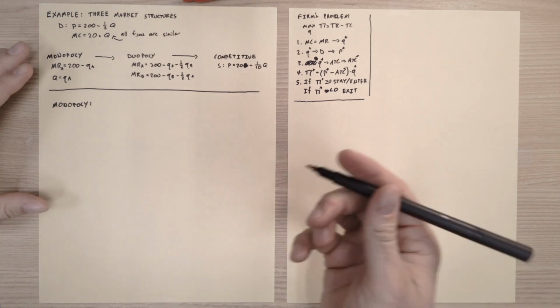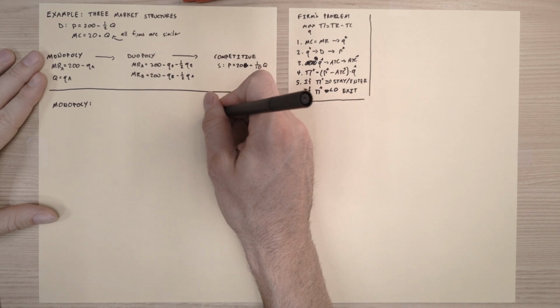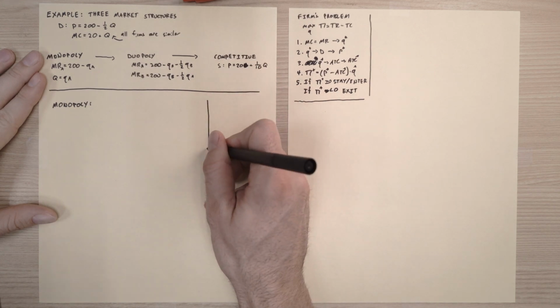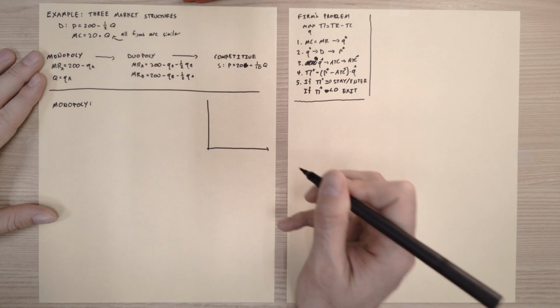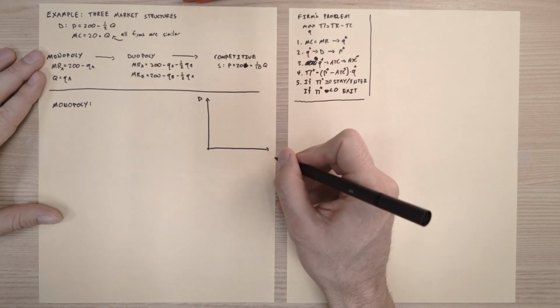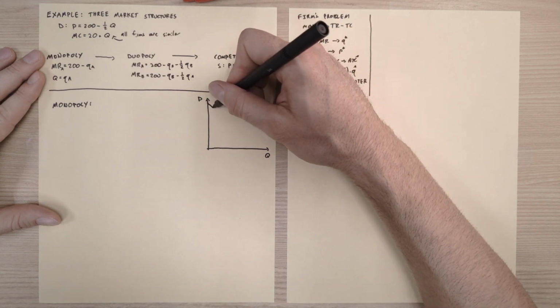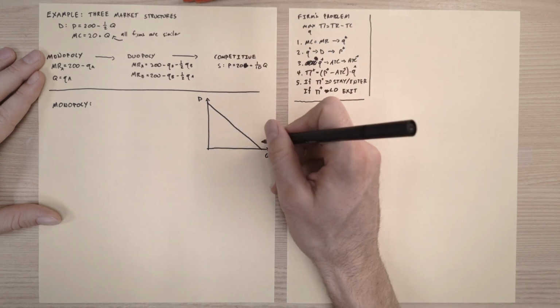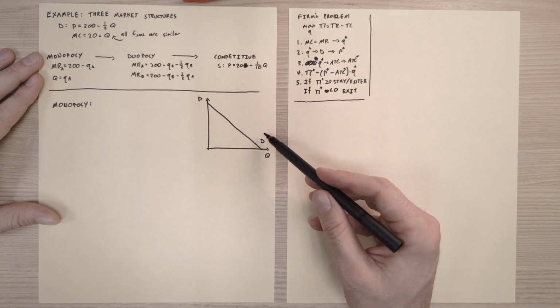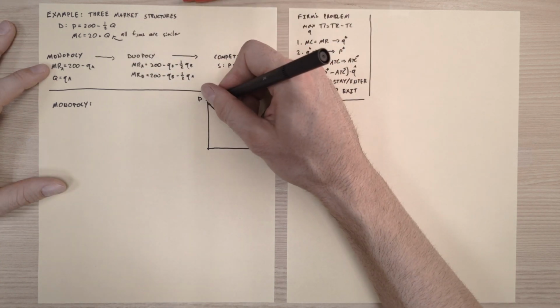The place I always start with these things is I'm just going to make a nice little picture. A picture is just an unfancy term for a graph. So on the vertical axis, we have price. Horizontal axis, we have quantity. We have our downward sloping demand curve. And we have our marginal revenue curve, which is just twice as steep.